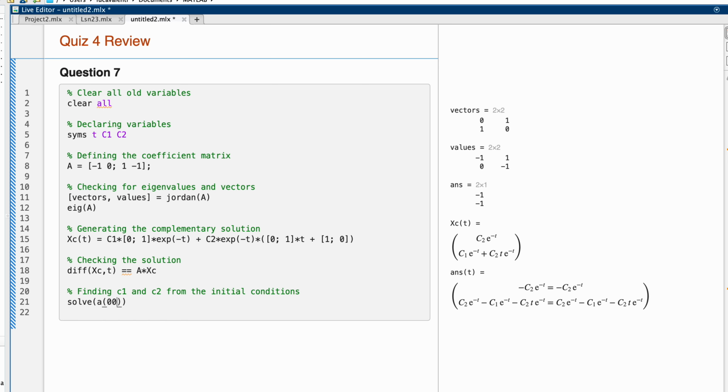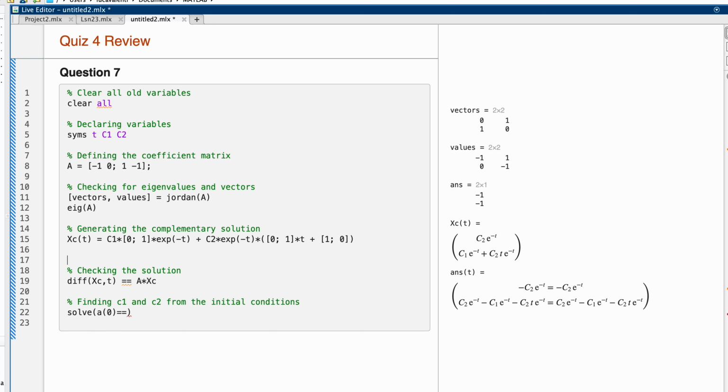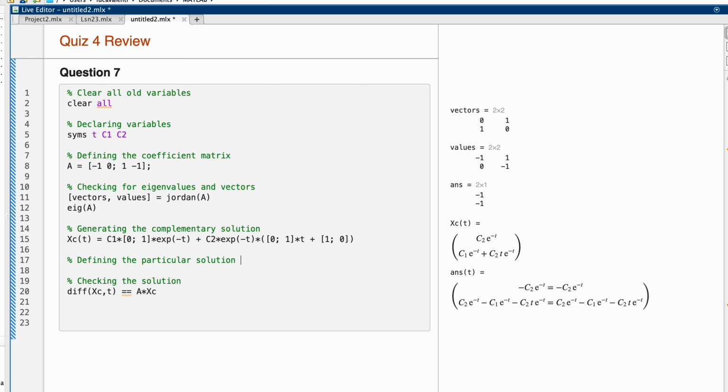We have a of 0 is equal to, well, it's not a of 0, first we need to define the particular solution. So let's be careful here. I'll show you how to find the particular solution as well. So I'm going to define the particular solution guess.